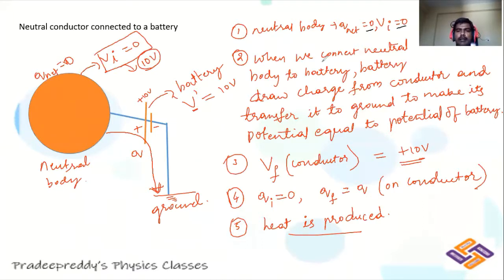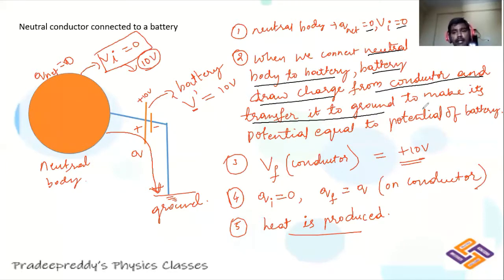So remember that when we connect a neutral body to a battery of plus 10 volt, the battery draws charge from the conductor and transfers it to the ground. Why? Because to make the potential on the surface of the neutral body plus 10 volt, equal to the potential of the battery, it transfers the charge.